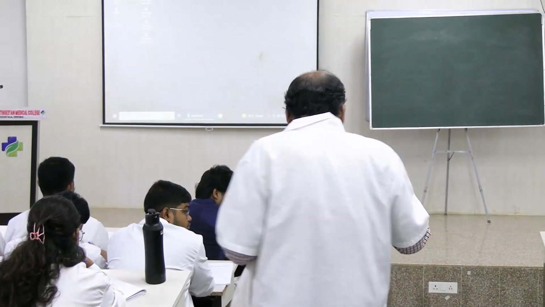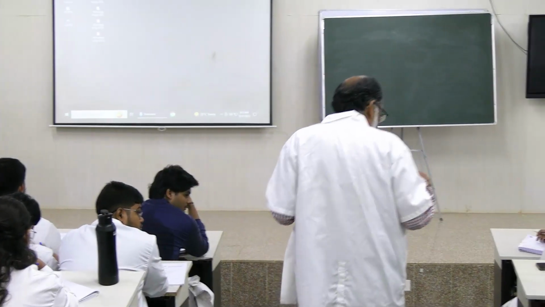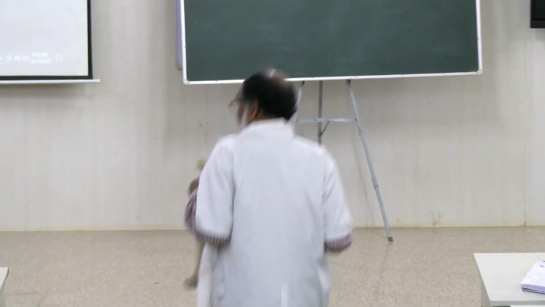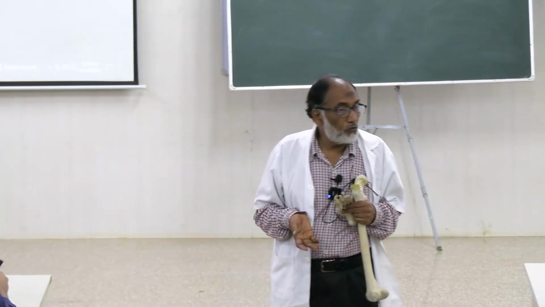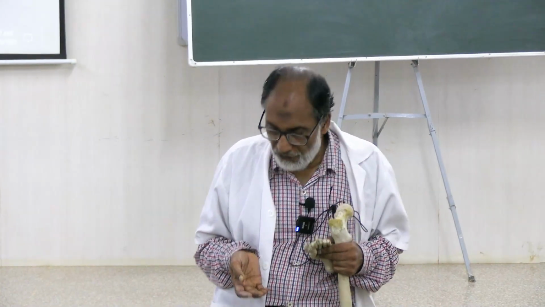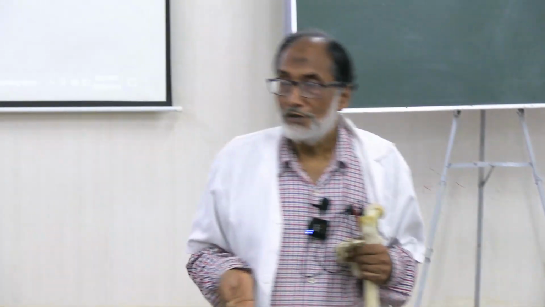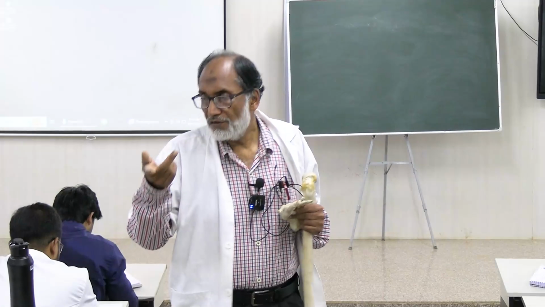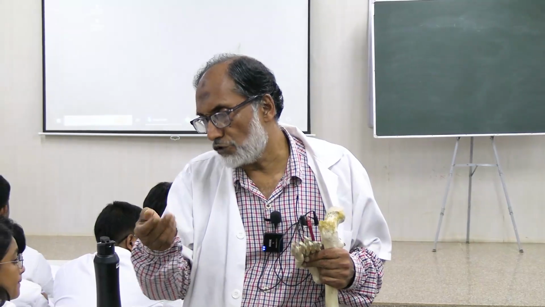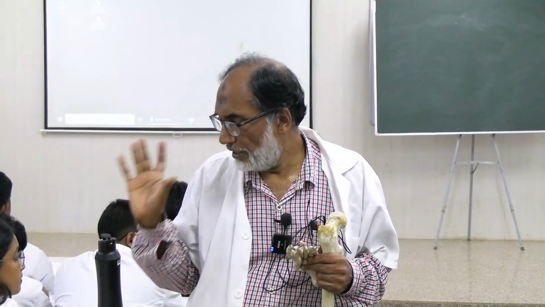Sometimes a question may come, why is the first metatarsal or metacarpal called a modified phalanx? It is called a modified phalanx because, like the phalanges, its epiphysis is situated towards the base. This is the answer, right?